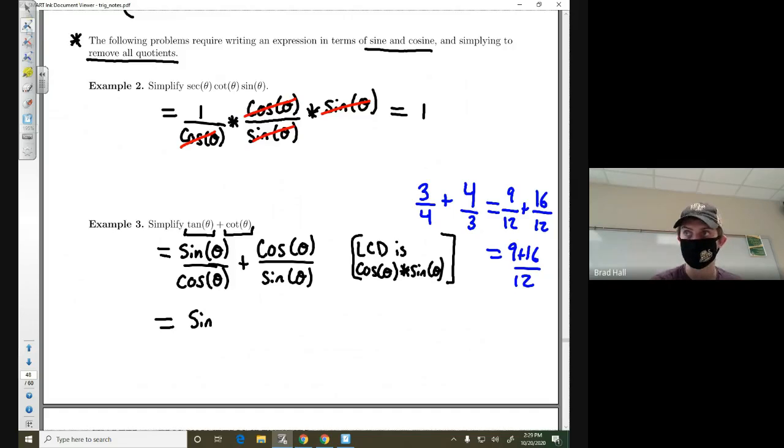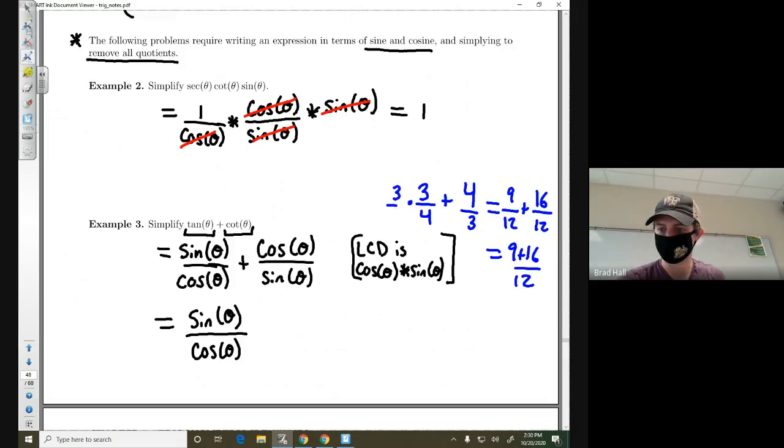This is when that algebra stuff starts coming back into play. So I'm just going to rewrite the first one. What do we have to do to that first fraction to get the denominator to be cosine times sine? What did we do to the 3 over 4 to get it to 9 over 12?